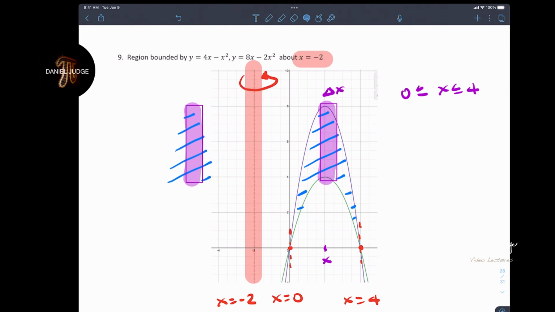And actually further away, I guess. So I'm just going to draw my picture here of your cylindrical shell. So as you can see, it's still a cylindrical shell type of question here.